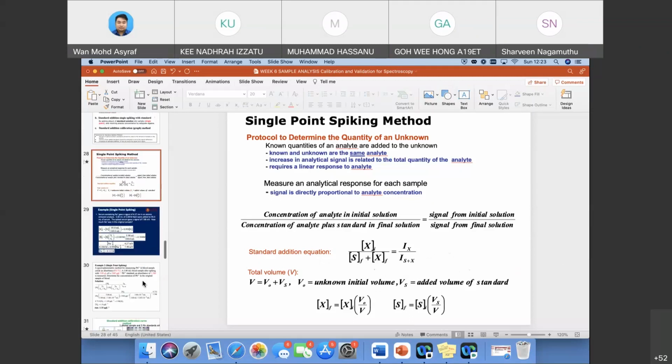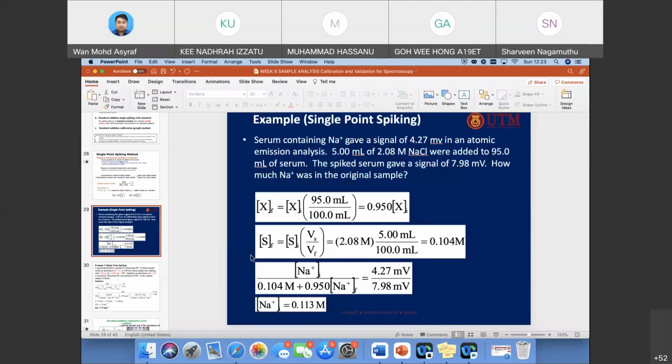All right. Maybe we look into the example for you to understand this much better. So serum containing sodium ions gives a signal of 4.27 mV in an atomic emission analysis. Now you know that Na from the serum gives 4.27. So 5 ml of 2.08 molar sodium chloride were added to 95 ml of the serum. So 5 ml, 95 ml, it creates 100 ml.